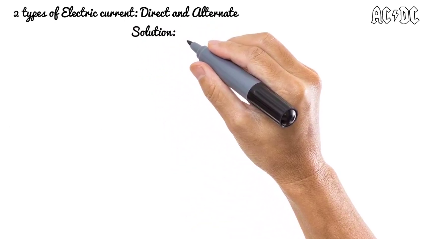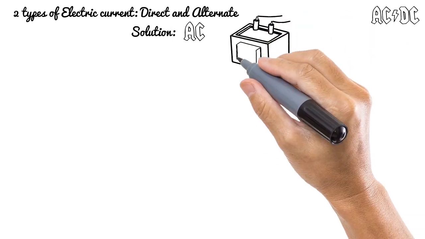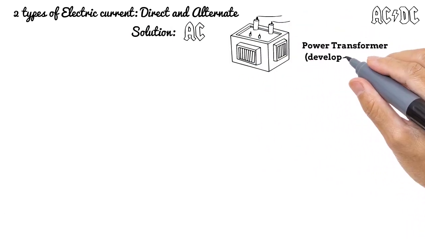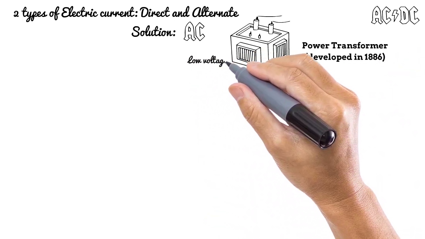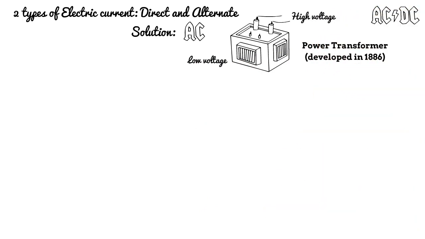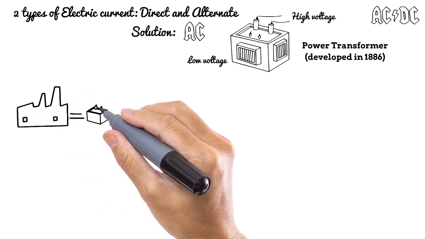The solution was found to use alternating current instead of direct current, because a simple key device of the alternating current system, named the transformer, was developed in 1886 for making a convenient way of changing to the desired voltage. The transformer uses basic laws of electricity and magnetism, which can be discussed in detail in separate videos about magnetism and electromagnetism. Thus, the basic limitation of electrical power transmission may be overcome.